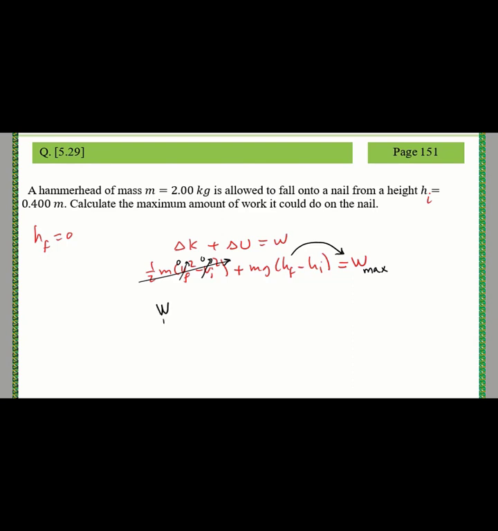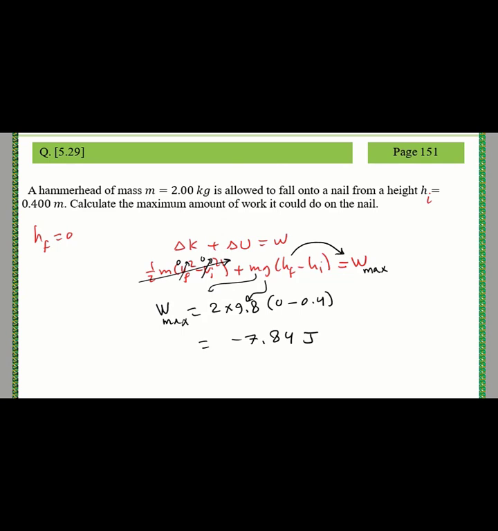So now W maximum equals, substituting m as 2, g 9.8, H final reaches the ground level 0 minus H initial, it is 0.4 meter. 2 times 9.8 times 0.4 with a minus sign is minus 7.84 joules.